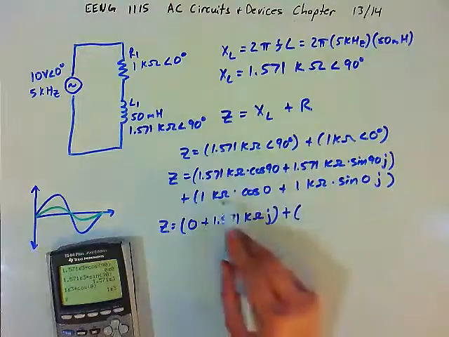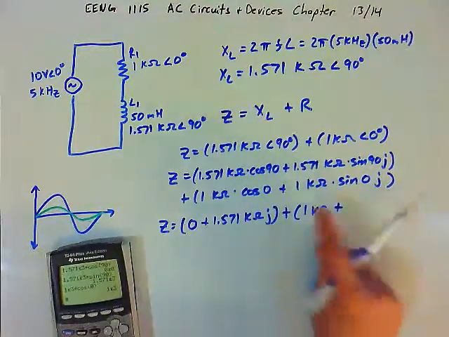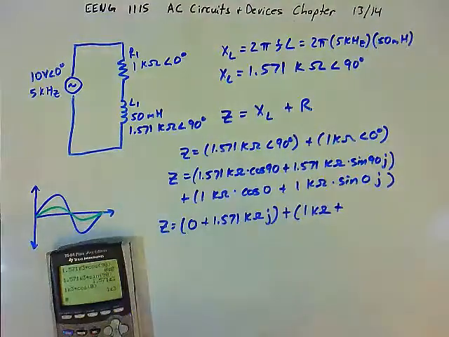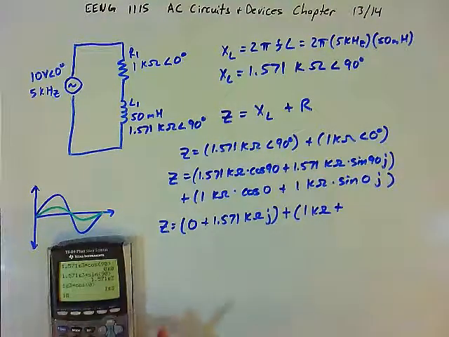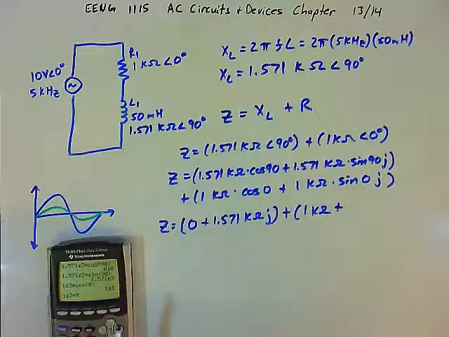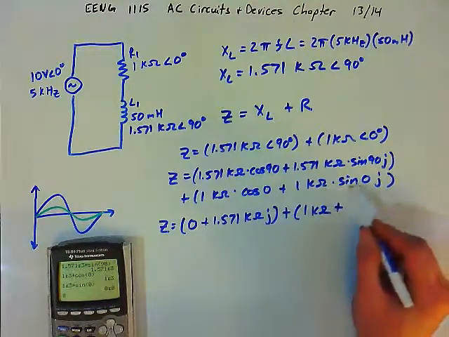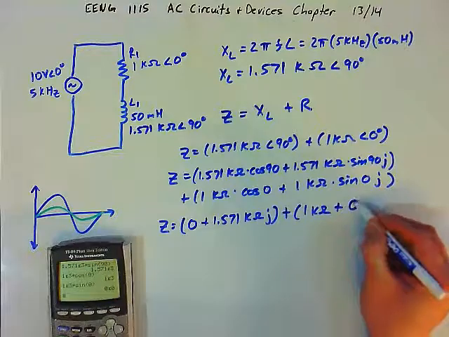So the x component is 1 kilo ohm plus 1 kilo ohm times the sine of 0. So we have 1 E3 times the sine of 0, which is 0, because the sine of 0 is 0. So here we're multiplying by 0. So here we have 0J.